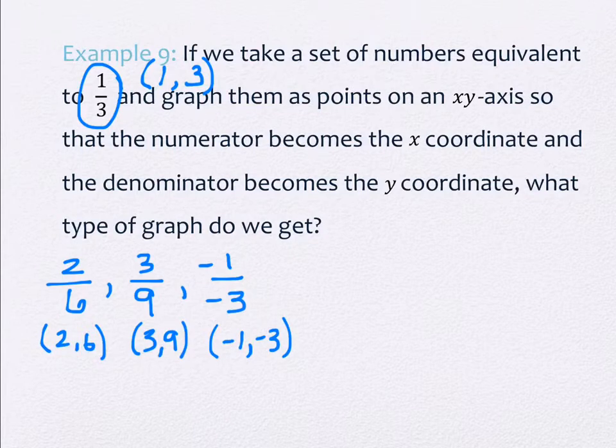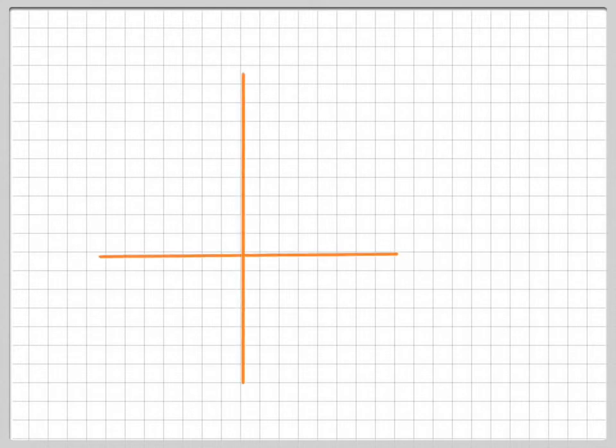So our next step is to take these 4 points and to graph them. So I'm going to take a graph over here. I think that'll do it. I'm going to plot my points.